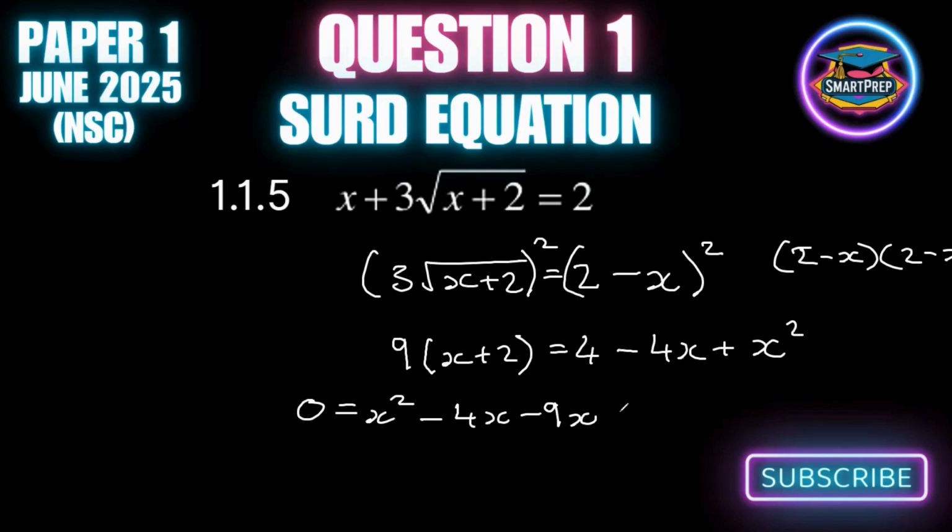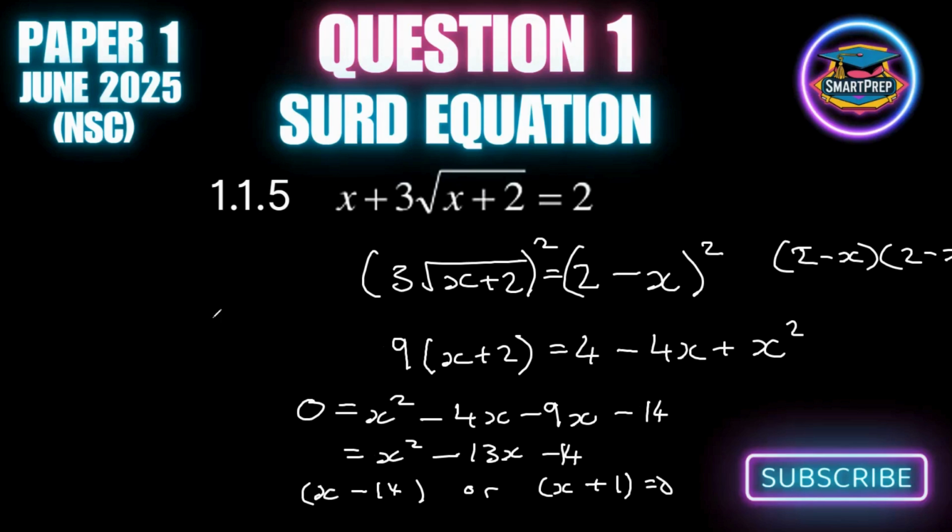To the other side is minus 18 plus 4 is minus 14. And so I get x squared minus 13x minus 14. So my factors will be negative 14 and plus 1. And so I'll get x equals 14 or x equals negative 1.